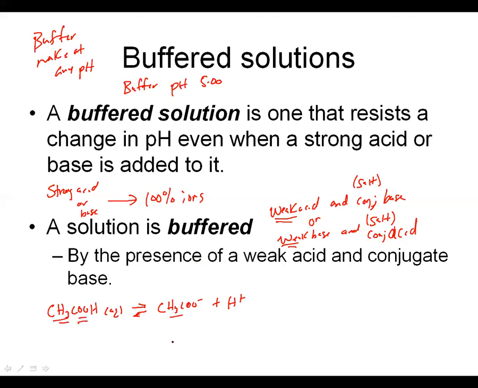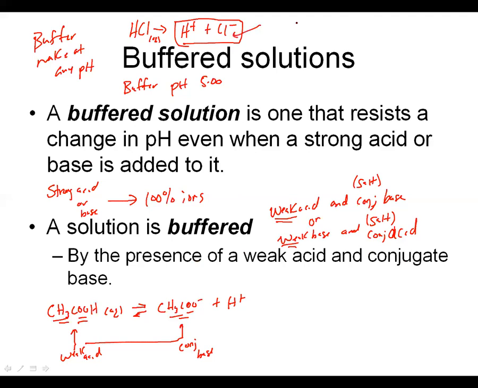So in solution, we have the weak acid and its conjugate base. That's different than if you try to make a buffer out of something like HCl, hydrochloric acid. In that solution you're only going to have the ions, which means you'll only have a conjugate base. You'll have no acid part.